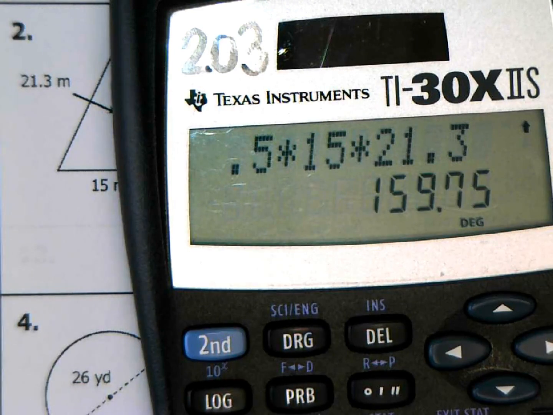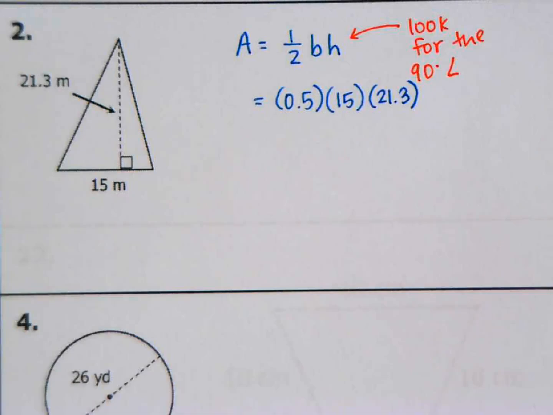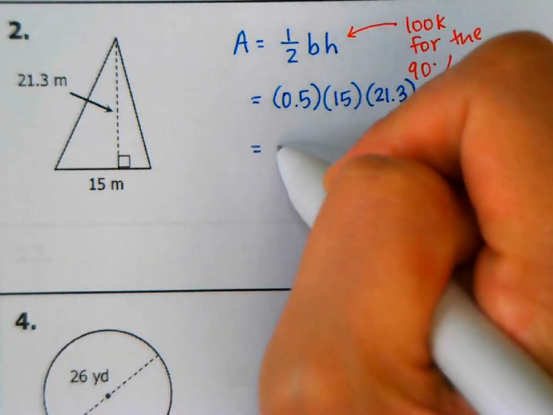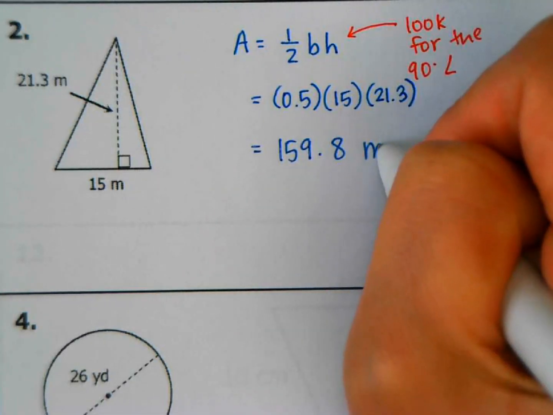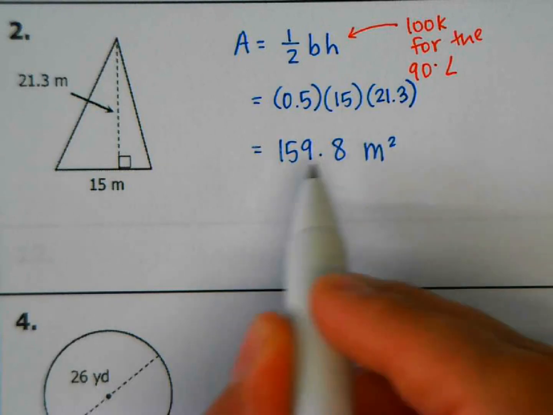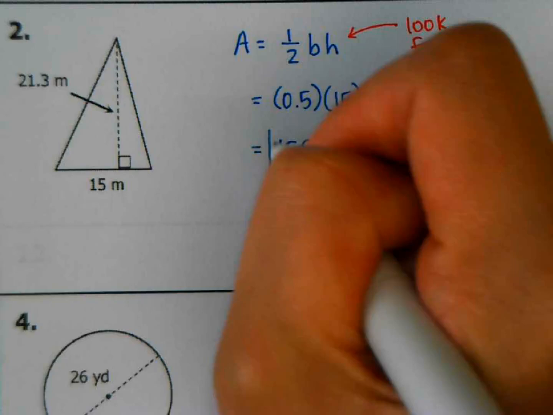That way you don't have to worry about doing any dividing. You just multiply straight through. So what do we round this to? 159.8. Good. And then because it's area, that's how we label it: meters squared. It's not something we do math with. It's just a label.